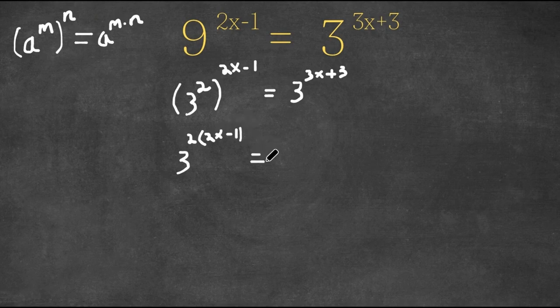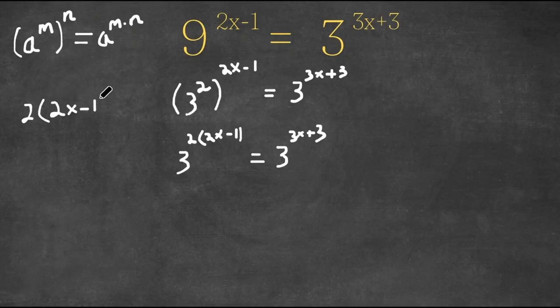And this is still equal to 3 to the power of 3x plus 3. So now we have 2 times 2x minus 1, and I'm going to distribute this 2. So 2 times 2x is 4x, and 2 times negative 1 is negative 2.